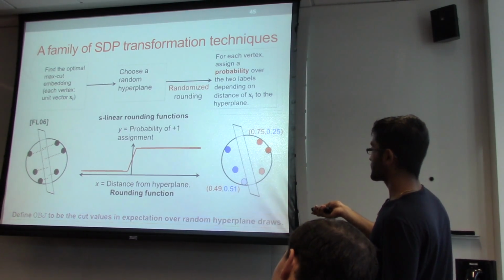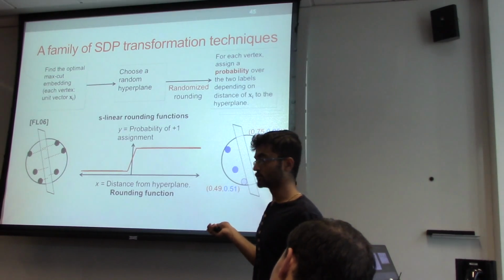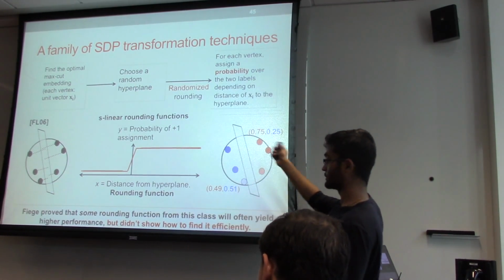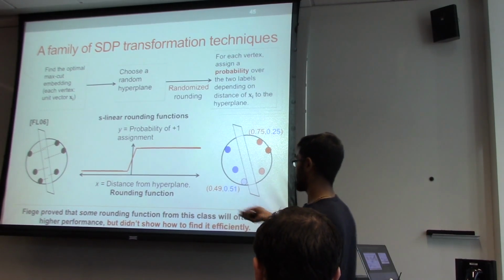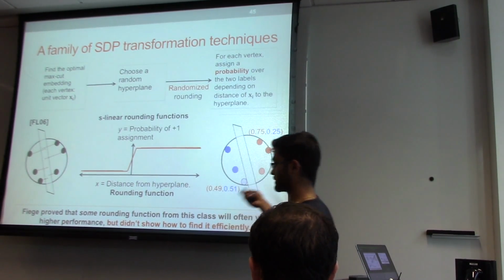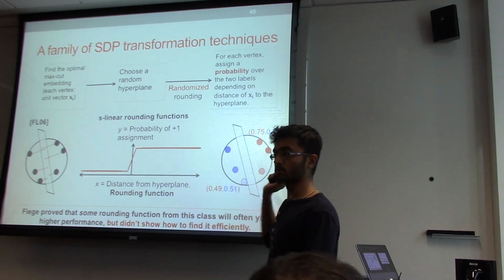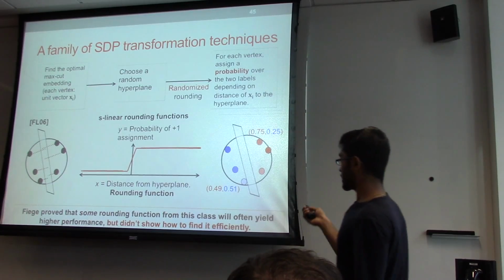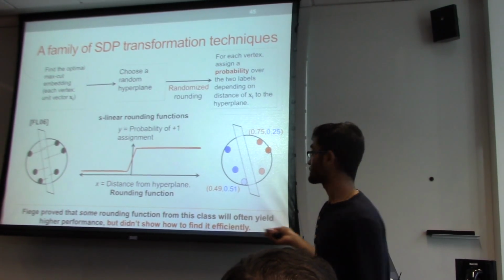So I want to know which is the best s-linear rounding function that I can use for an application. And Feige proposed this family of algorithms, and he said that there's some rounding function from this family that performs much better than what Goemans-Williamson proposed, which was what we saw in the previous slide. And he didn't show how to find it efficiently, and we show how to find it efficiently given an application.